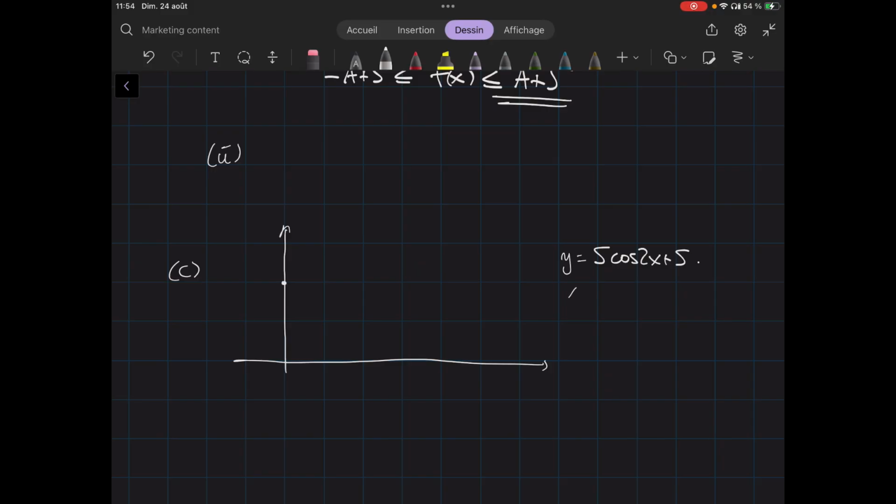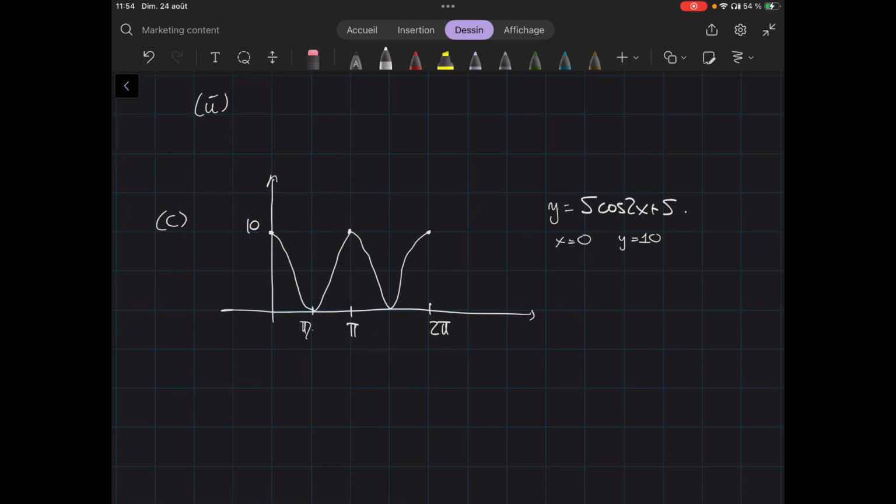When x is equal to 0, y is equal to 10. The period is pi radians, so it will complete one full cycle in pi radians. The minimum will occur halfway between the start and the end of a period. So it's going to look like this.